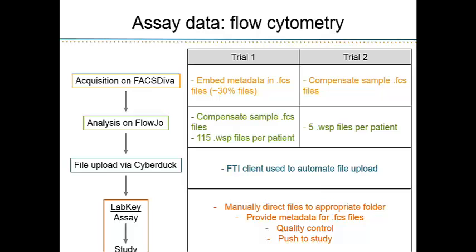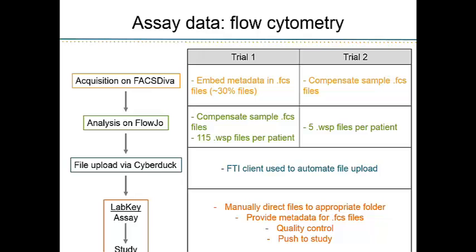We went about this in 2 different ways between the 2 trials that we had. So for the first trial, we figured, okay, let's just embed this metadata directly into the FCS files from FACSDiva. This took a lot of time, and so it only happened to about 30% of our files, which meant that we still needed to connect that metadata later.